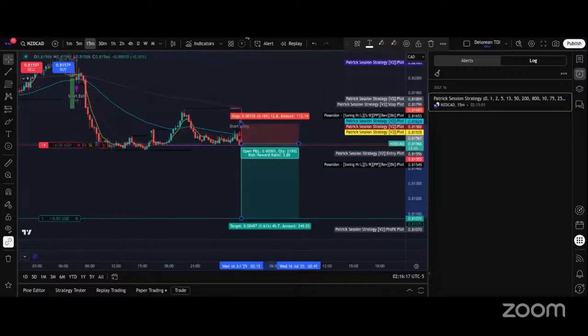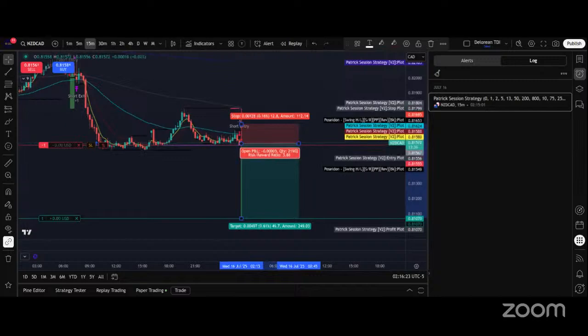Let's grab these parameters real quick. And this is NZD CAD, New Zealand dollar versus the Canadian dollar. 15-minute confirmation, market execution sell.